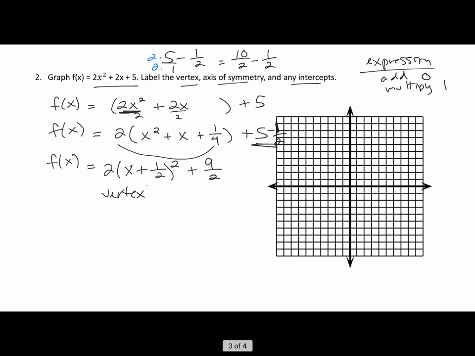So the opposite of 1/2, that's going to be a negative half, which is 0.5. And a positive 9/2, the 2 goes in 4 times with 1/2 left over. So 4.5. That's our vertex. Negative half and 4.5. So right there's our vertex.